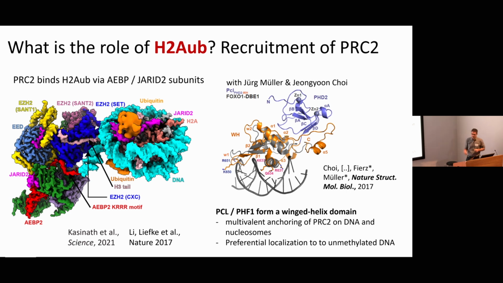And in a collaboration with the lab of Jürgen Müller, we have also shown that PRC2 can contain specific DNA binding domains that recruit it to certain regions of chromatin that are also often non-methylated. And so that localizes PRC2 at certain regions and leads to further repression.